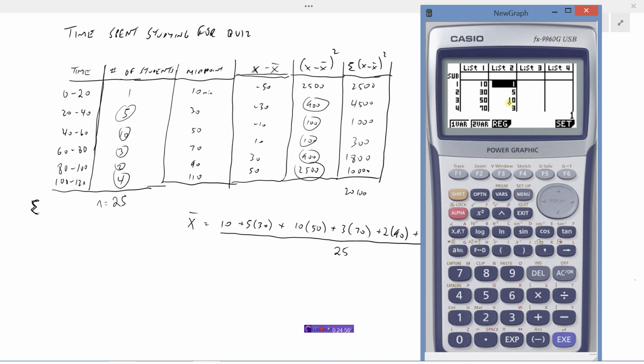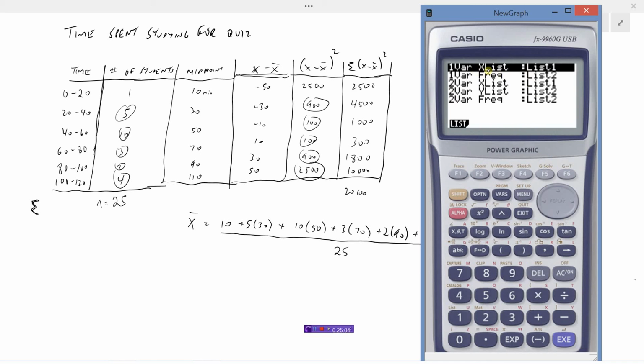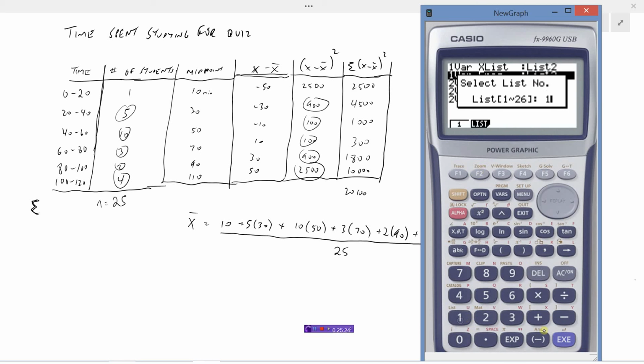In list 2, that's where I have my frequency, or the number of students that had those scores. So that's why it's really important that X list should be in list 1 and the frequency we'll put in list 2. So frequency in list 2, you can change these. Like if you had yours the other way around, you could say list should be in list 2, and then you could go down here and change this so that it's in list 1.